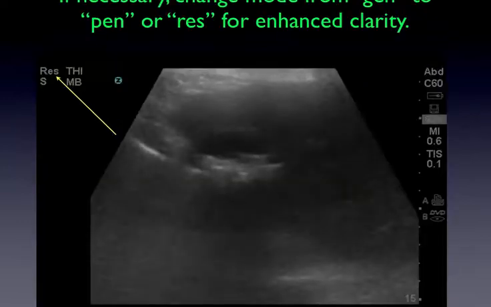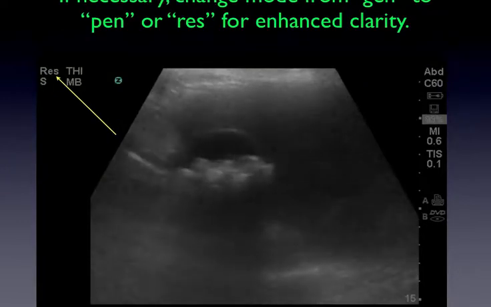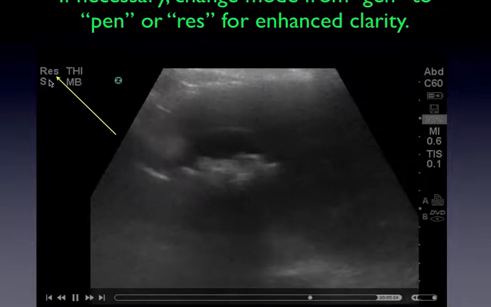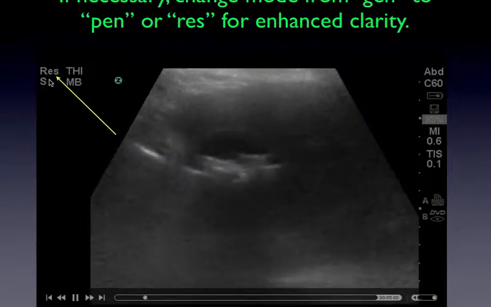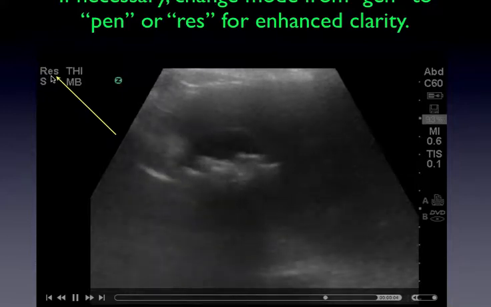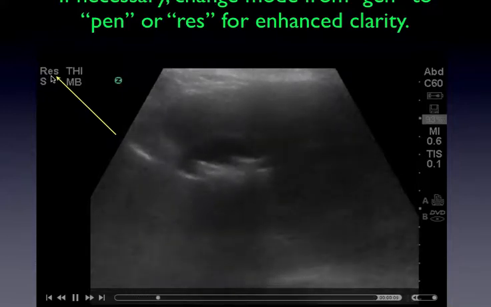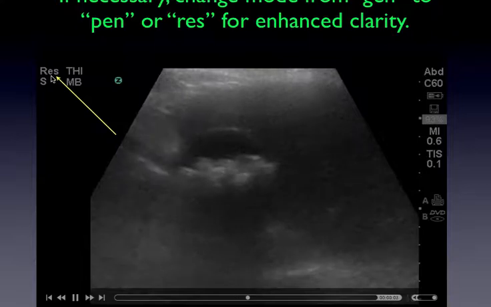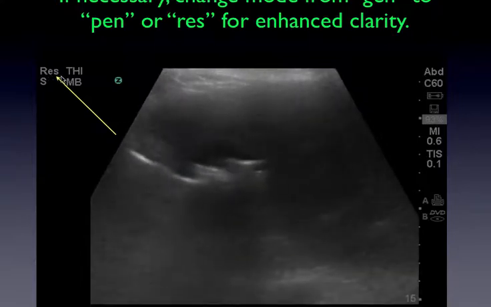Now let's look at this image. This is something that I don't normally use. This is the res mode, the resolution mode. So this is for more superficial structures. It doesn't penetrate as well. Same probe, but you're using a higher frequency.